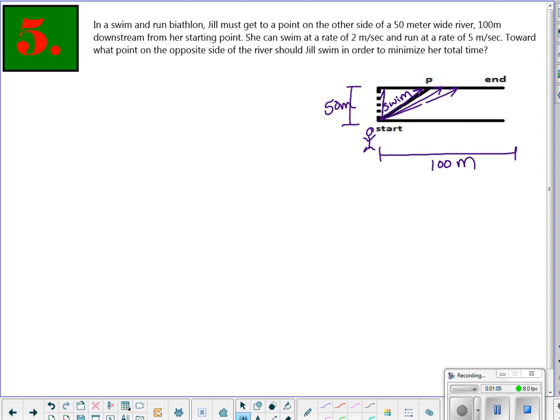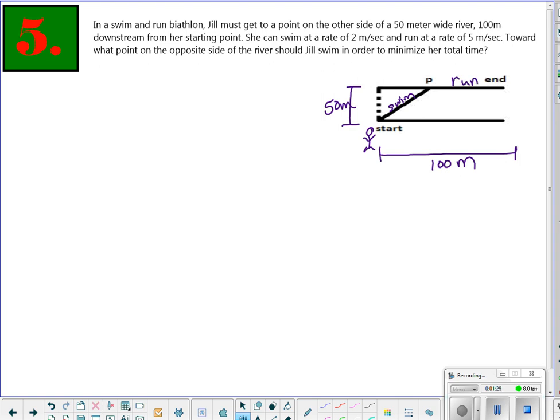Or maybe she just goes straight across and does the 50 meters and then does the complete run of 100 meters. So with a little bit of calculus, we actually can come up with the best point P that she should head towards as she swims this section and then runs this section.